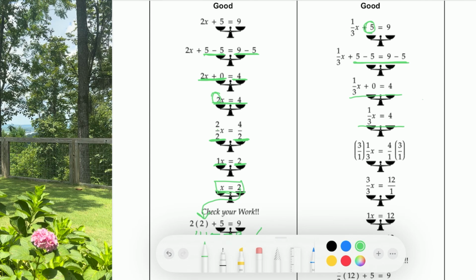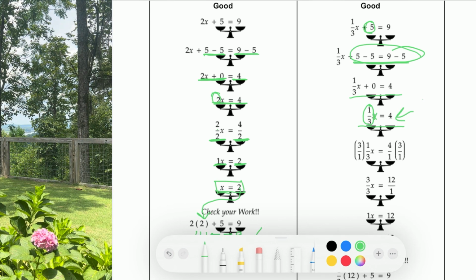Now the difference between what we just did and what we're about to do is that we actually have a number right next to the x. They're being multiplied. This is multiplication basically, which is different from this right here. So when you have this situation, we need to multiply by the reciprocal.